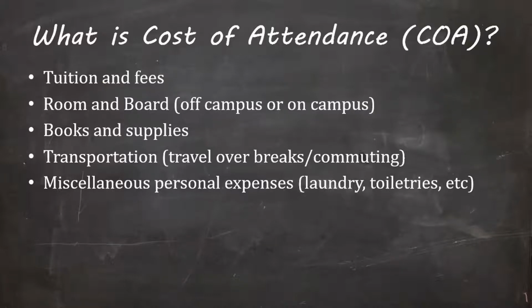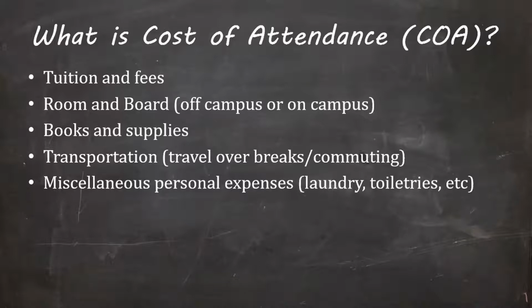Another thing to think about when applying for financial aid or setting up loans, searching for grants or scholarships, is your cost of attendance. Cost of attendance usually includes tuition and fees, room and board, whether you live on or off campus, or in some cases, students may even live with a parent or relative.